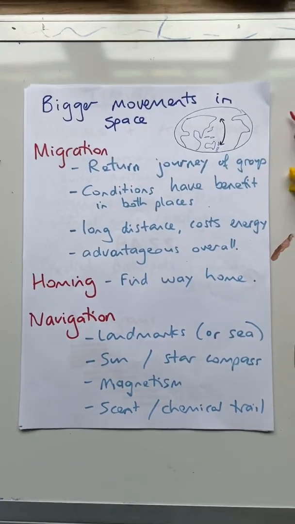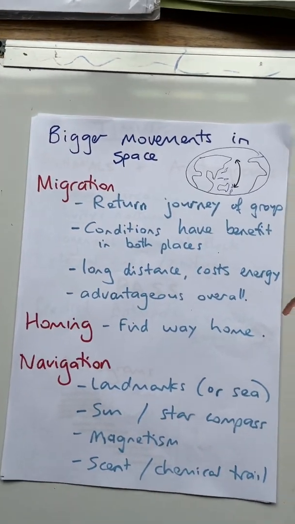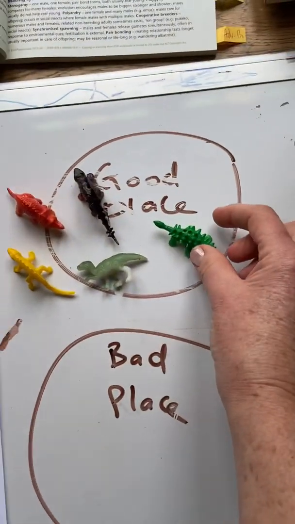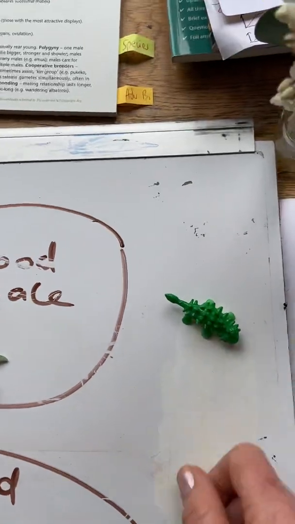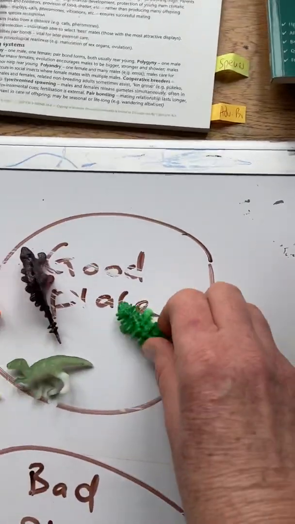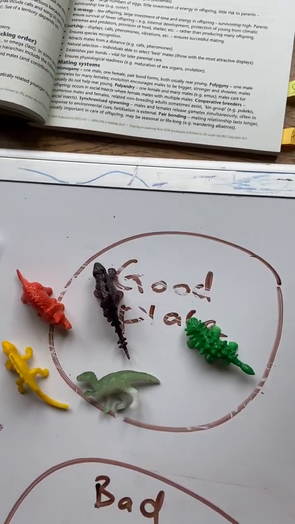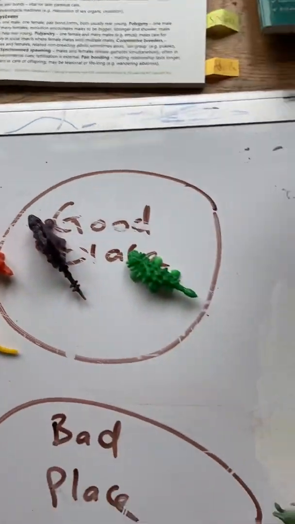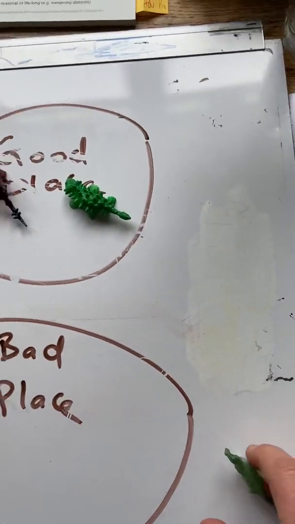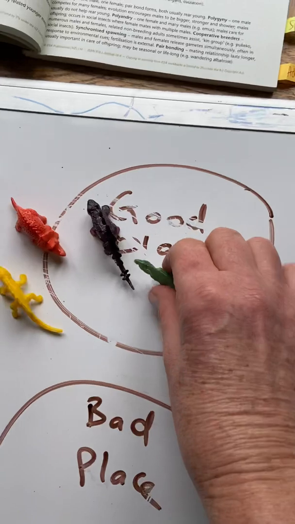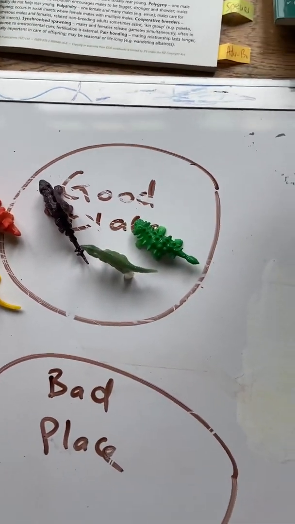It's a little bit different to homing. Homing is when they might move out of their home environment to go get food, and then they can find their way back home again at the end of each day or after they've foraged for some food. Or if they got blown off course somewhere, they would be able to find their way back to their home base if they end up somewhere unfamiliar.